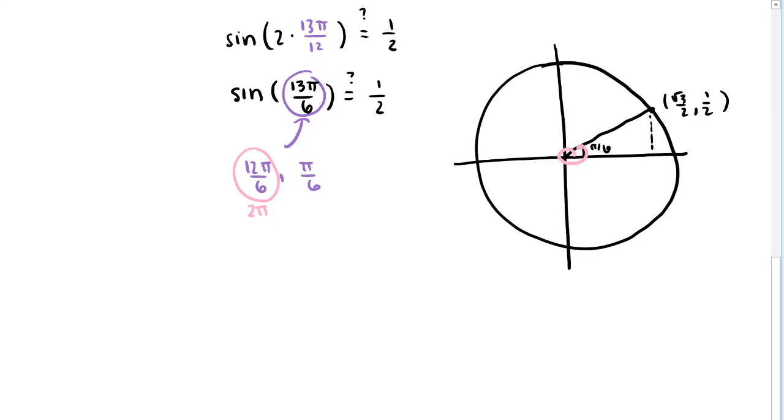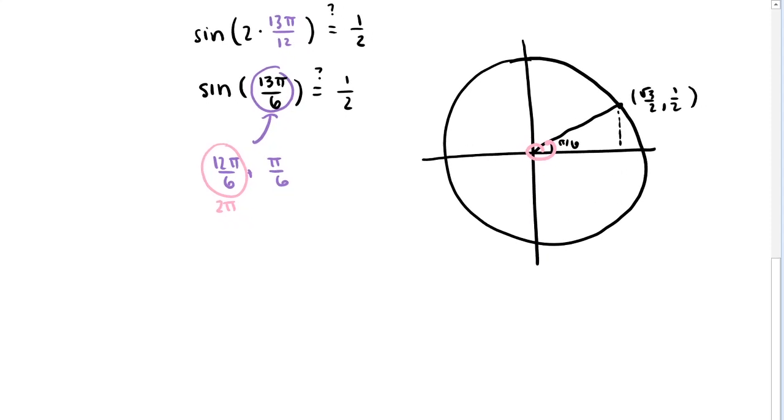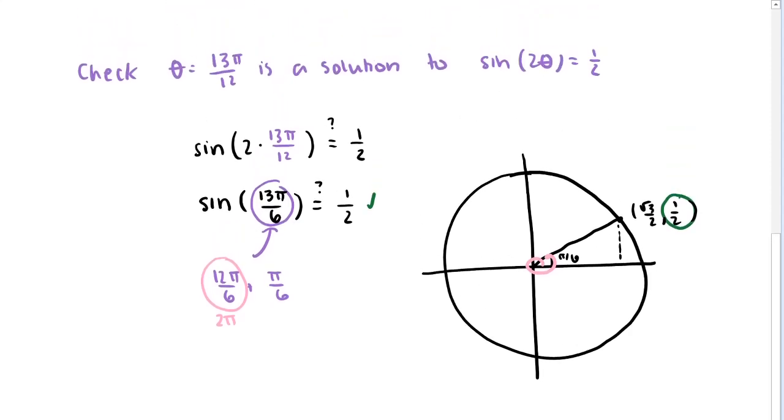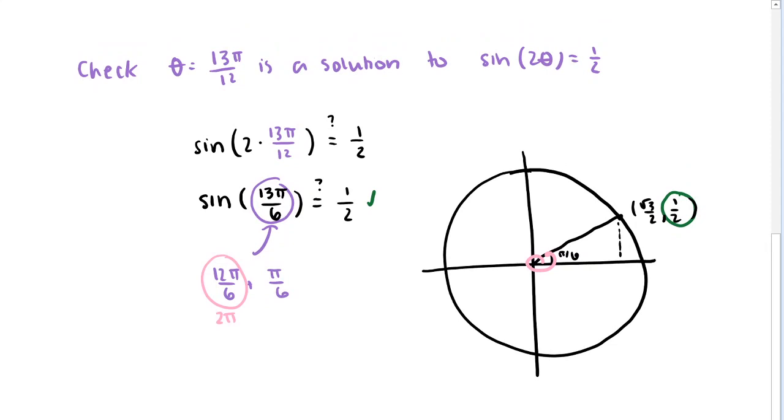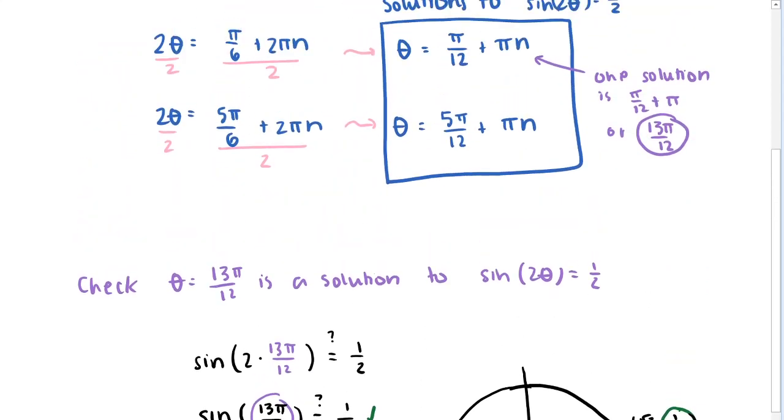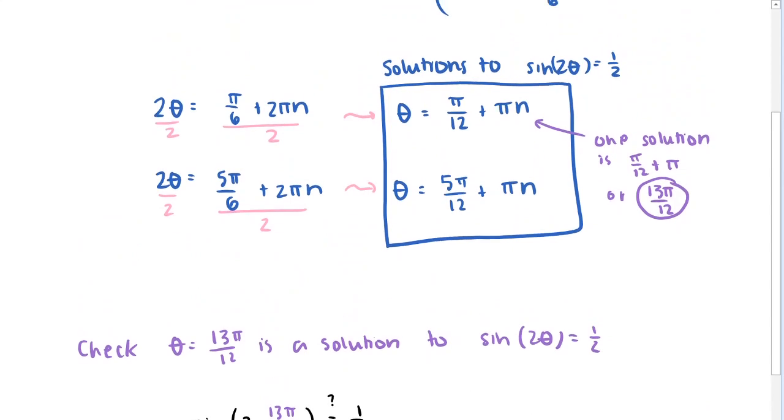This is the angle 13 pi over 6, and sine of 13 pi over 6 would be that y coordinate, 1/2. So sine of 13 pi over 6 would give us 1/2, so it's telling us that the angle 13 pi over 12 would be a solution to this equation, and really that came from this first family here.